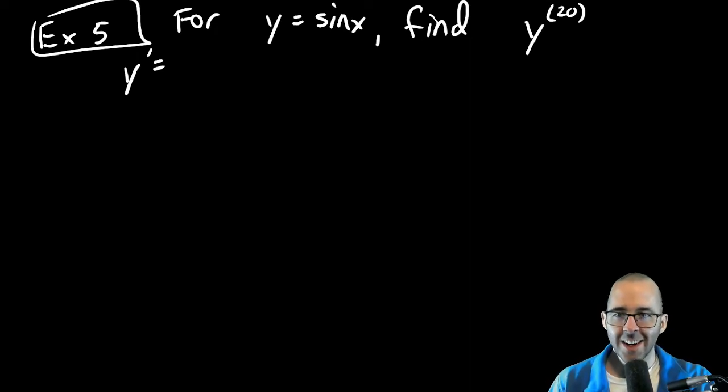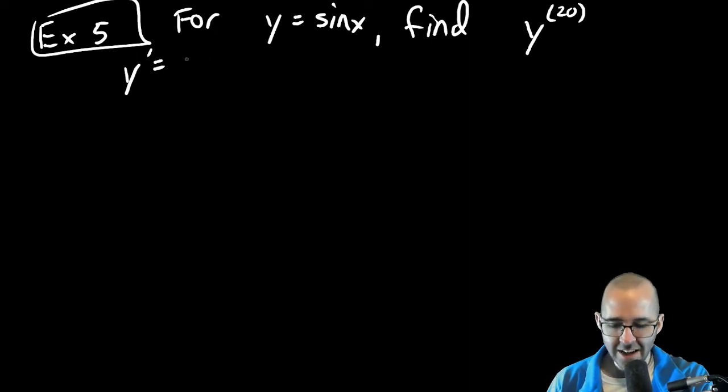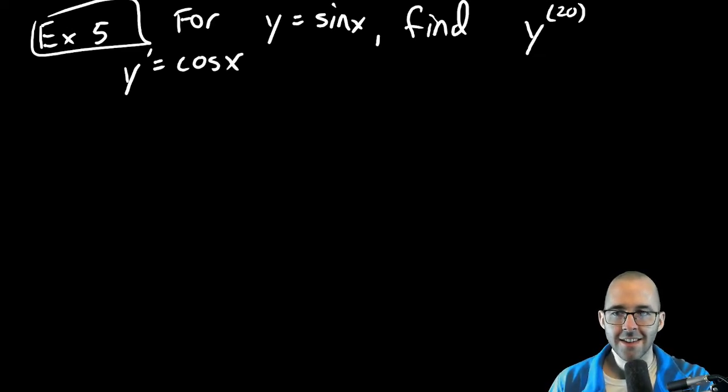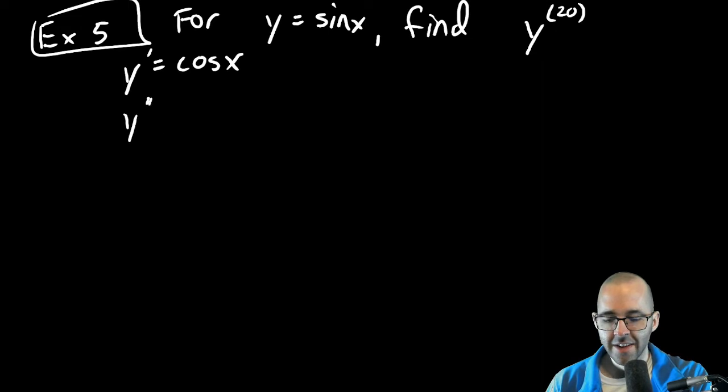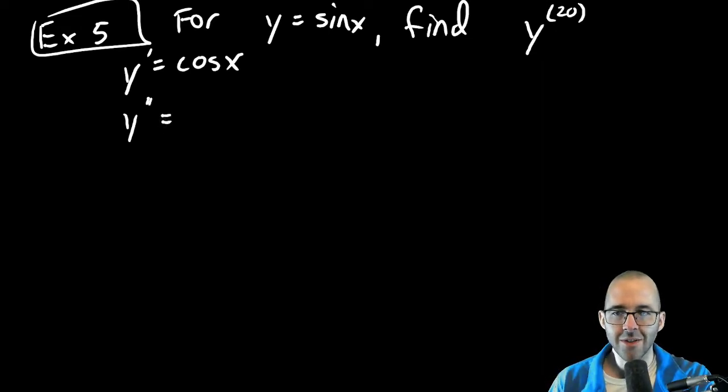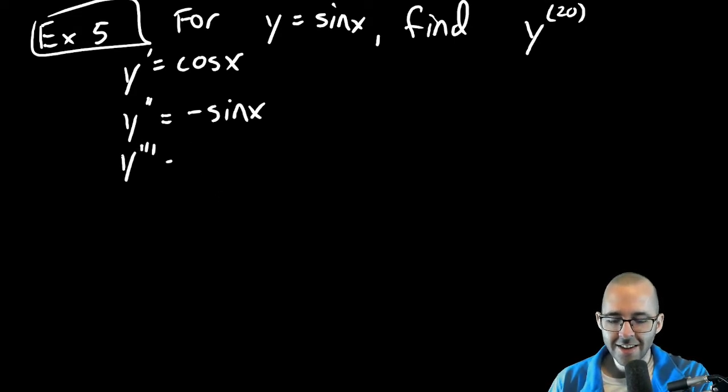Let's go. Y prime is, well, the derivative of sine of x is cosine of x. The second derivative is just the derivative of the first derivative, which is negative sine of x. The third derivative is the derivative of the second derivative.